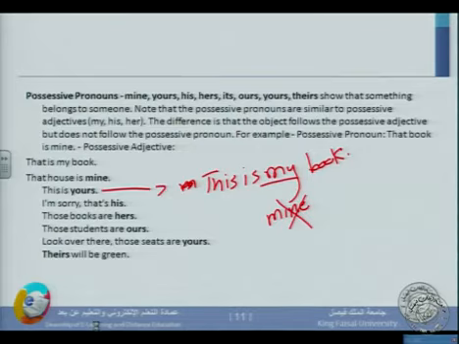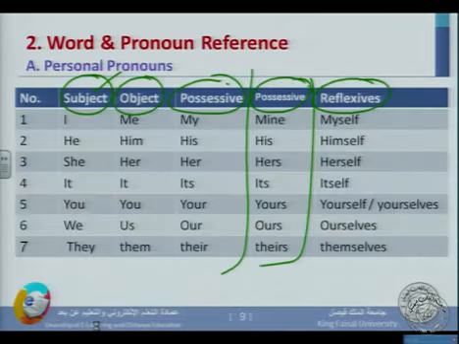For example, if we go back a little bit, right here. So here possessive adjective, right? And for this one is possessive pronouns. So you can say, this is my pen. قلمي. But you can't say, this is mine pen. بعد mine ما بيجي noun. لا يأتي أي شيء. mine مستقلة, فبحكي this is mine.